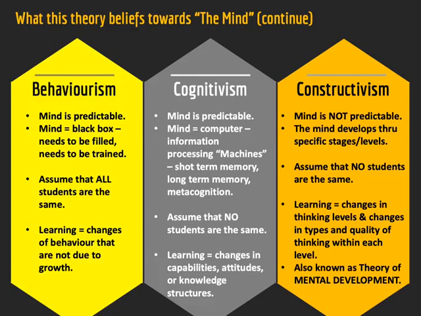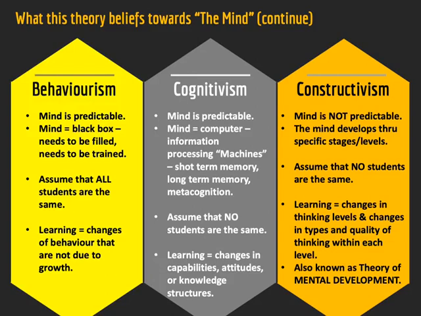On the other hand, although cognitivism also believes that the mind is predictable and relates the mind to a computer, they assume that no students are the same because students' capability to process and store information in their cognitive system, which involves the short-term memory and long-term memory, might be different.